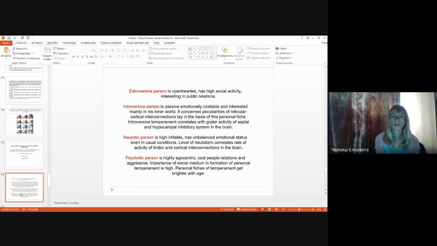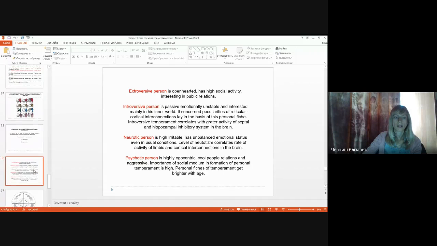But of course, it should be noted that all of these types can be mixed. Most often there are some features mixed under this type.